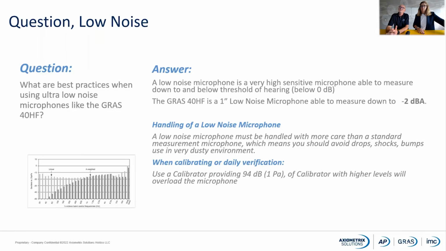And again, if you overload a microphone, then the microphone will start clipping, and you will actually stress the diaphragm of the microphone, which after a long time exposed to these high levels, the microphone will also start drifting.